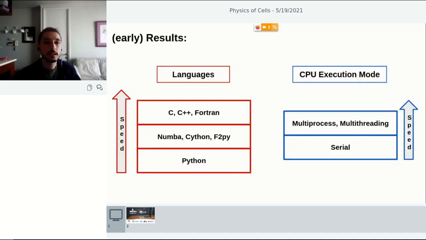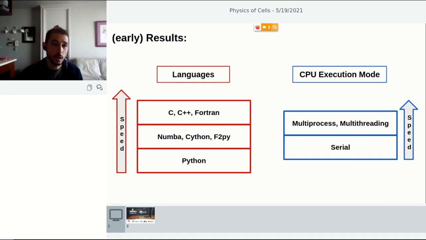And so, results. What's the idea here? The idea is that Python is slow, and we want Python to be fast. If you go on blogs, this is a basic notion that people will have.